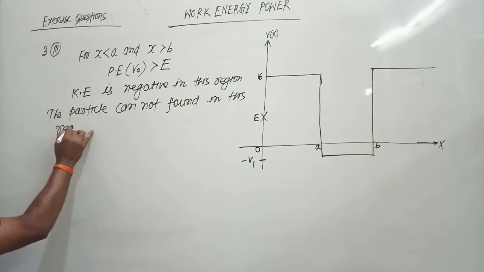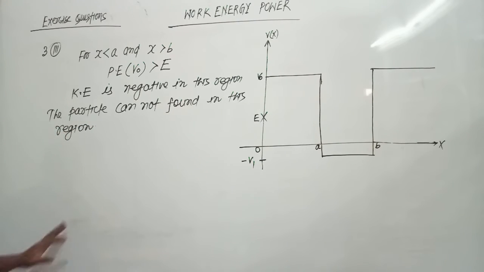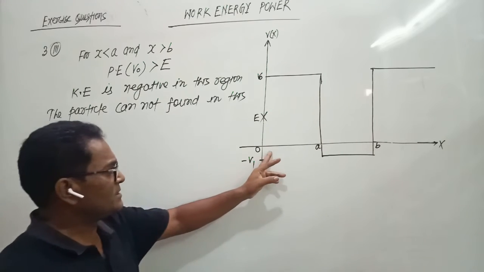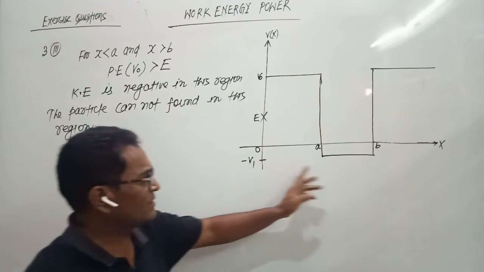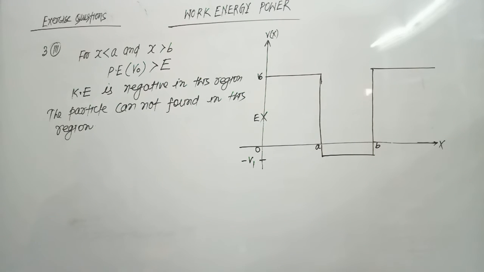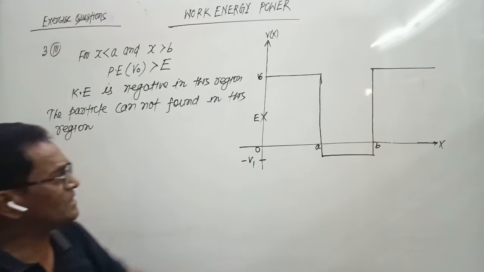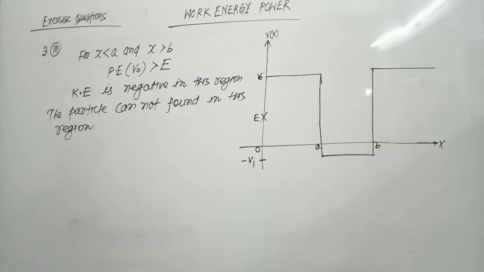The particle cannot be found in this region because in the region x less than A and in the region x greater than B, the value of potential energy V naught is greater than total energy. Since potential energy is greater than total energy, kinetic energy is negative.